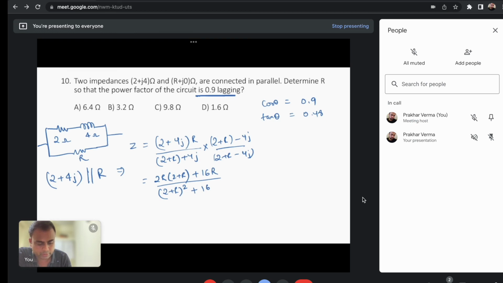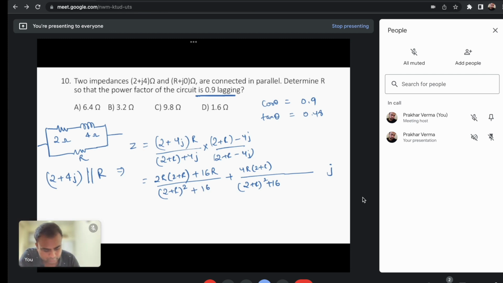This is the real part, and the imaginary part is 4R into 2 plus R, so this is the whole j part that I'm going to write here.